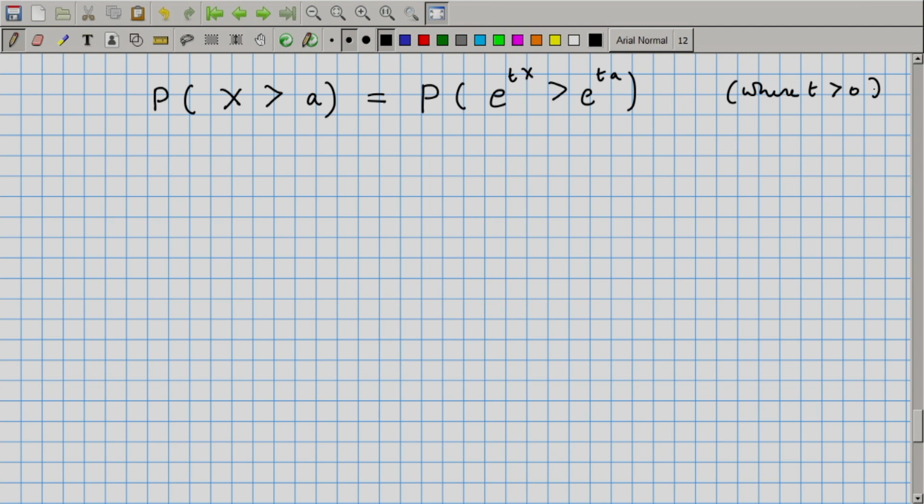So, we had an arbitrary random variable x, and we have converted that into a positive valued random variable. This applies only when t is greater than 0. And therefore, once we have converted this into a positive valued random variable, we can apply the Markov inequality, and we will get this to be less than or equal to the expectation of the random variable e raised to tx divided by, here a being e raised to ta.